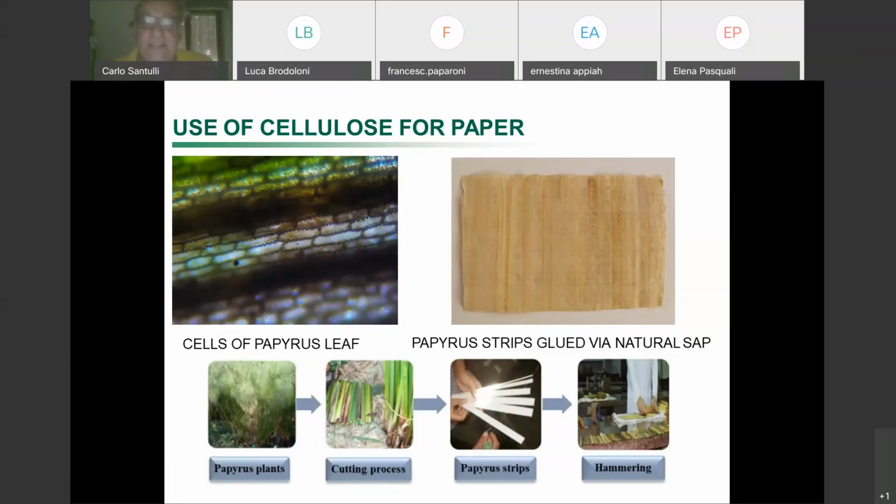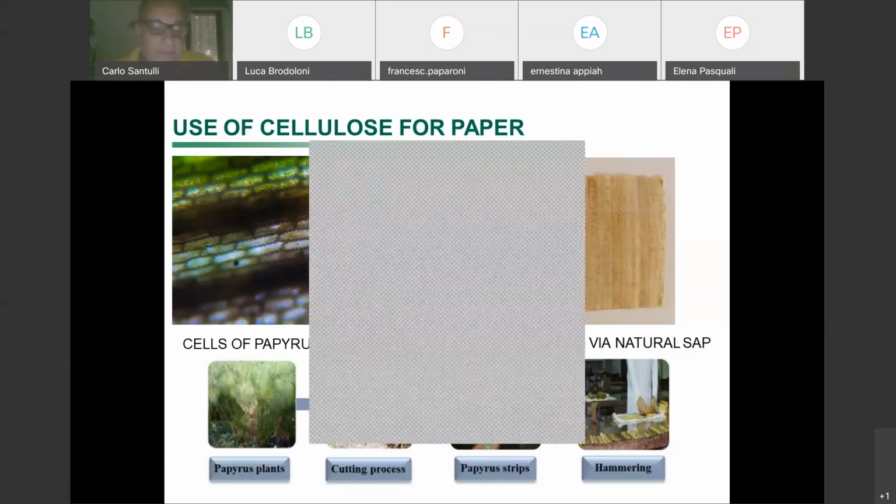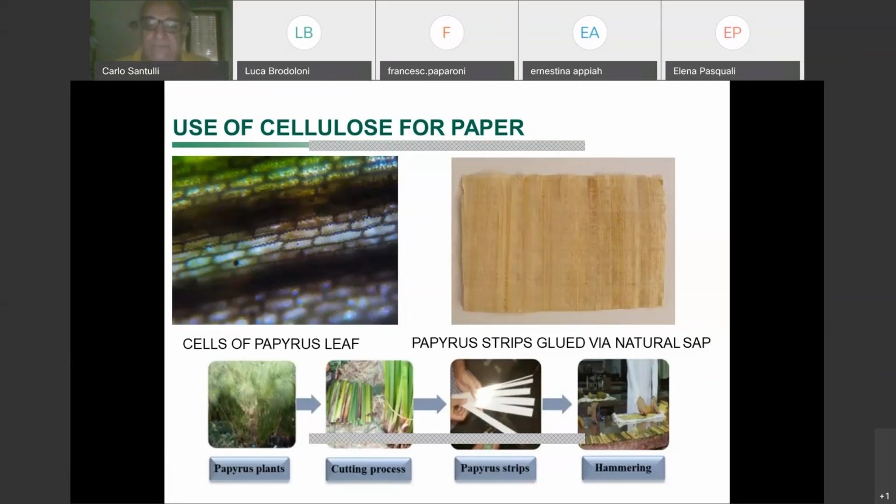Bonded with the same glue, which are still intact after 2,000 years or so.